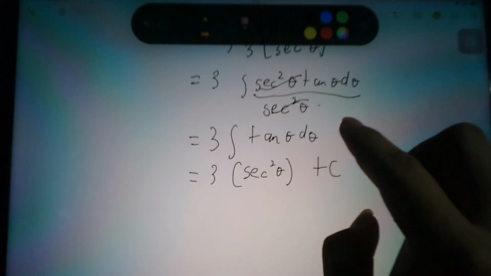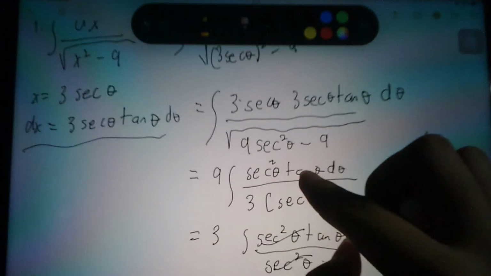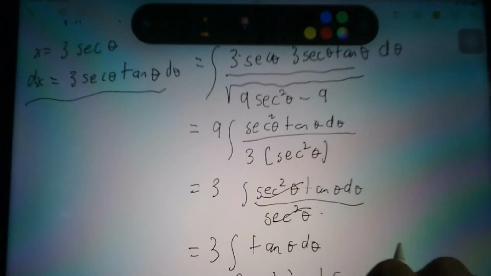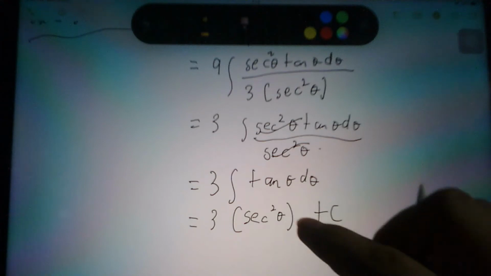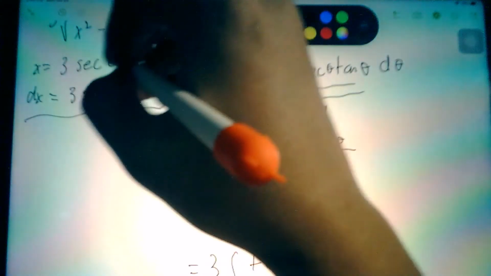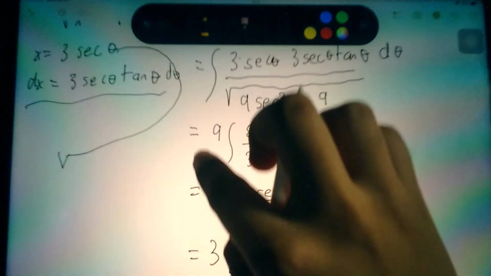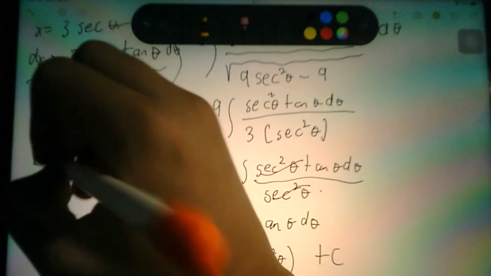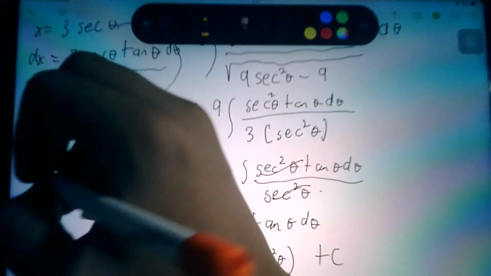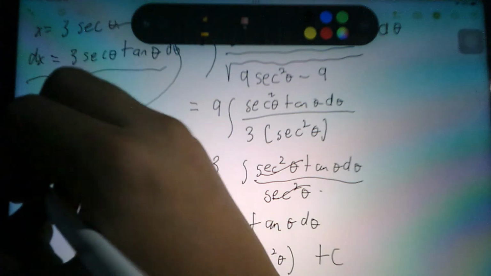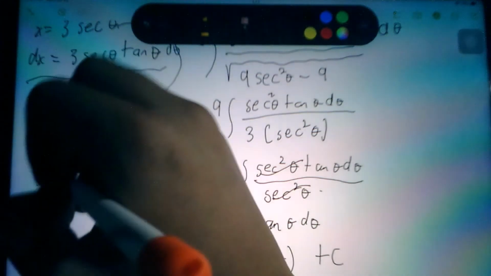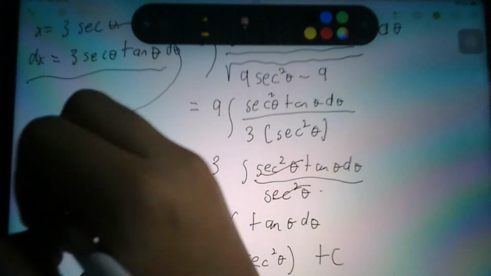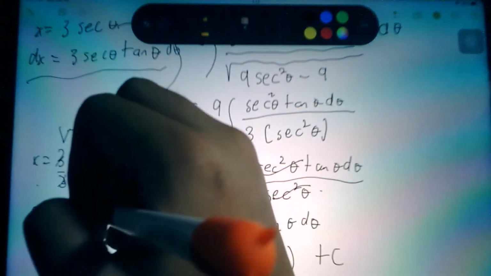Now we need to find the value of secant theta here. By putting this below, x equals 3 secant theta. So we put the 3 here, that cancels out. So secant theta equals x over 3.